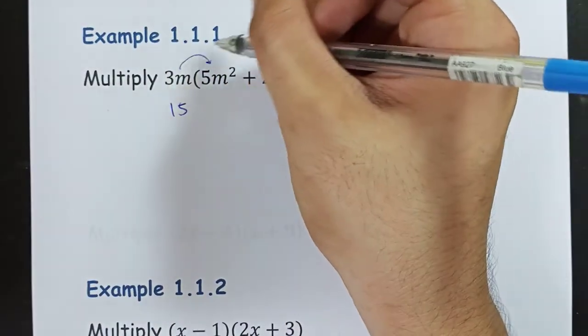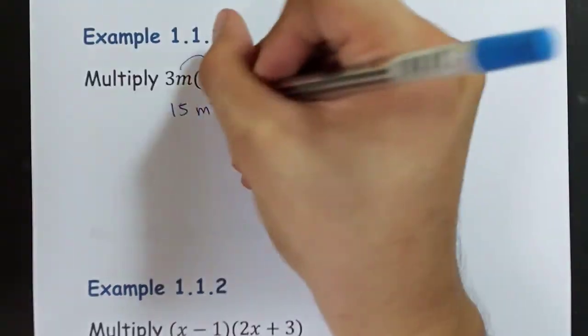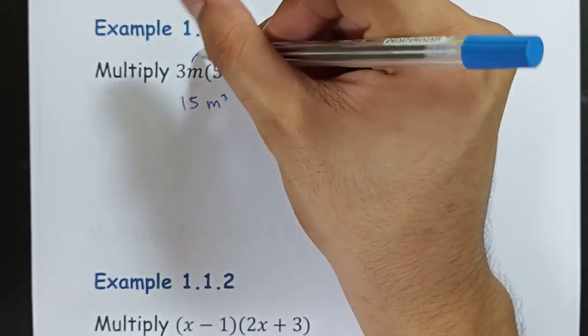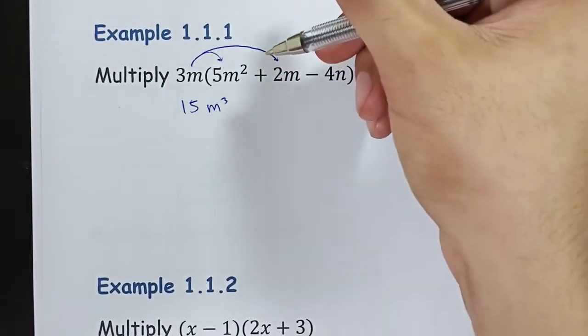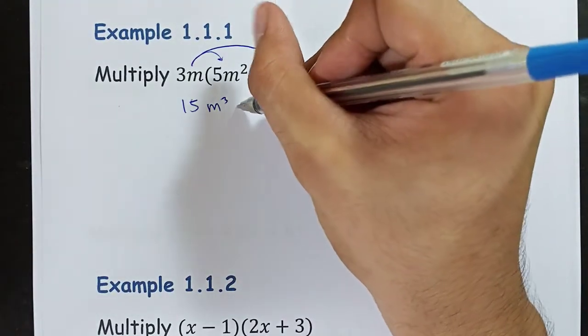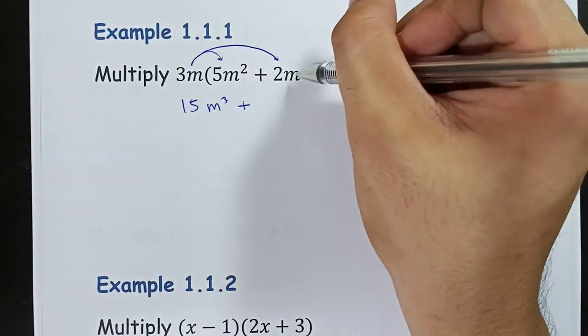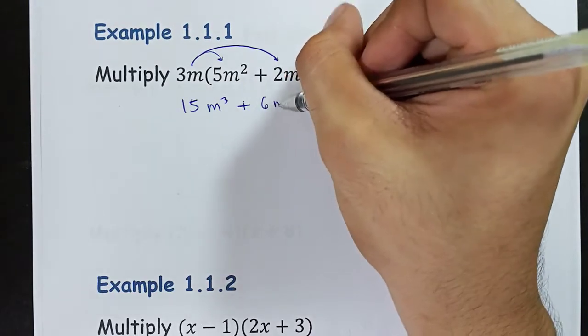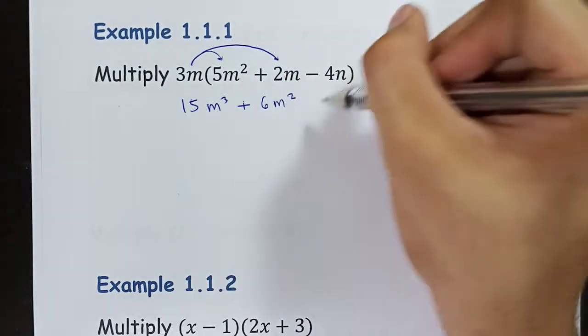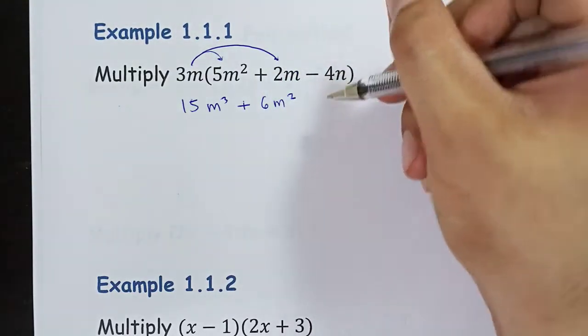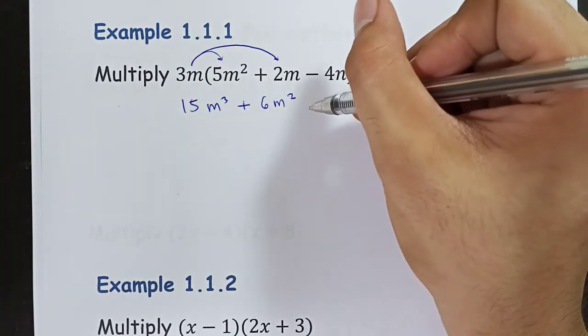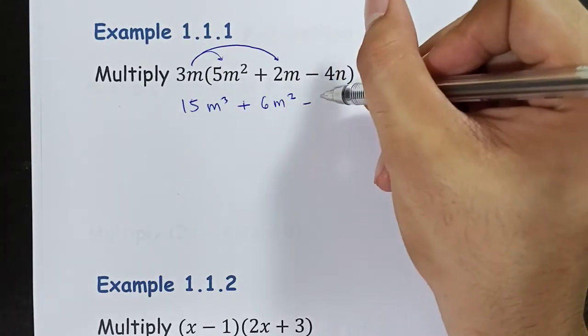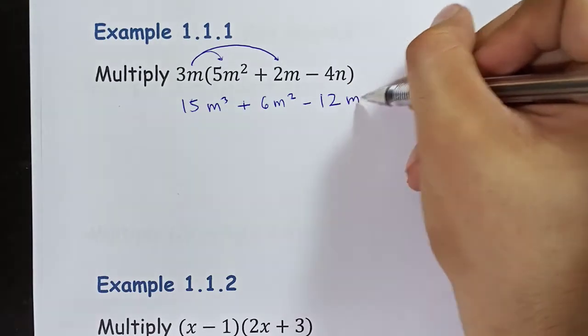Then, m times m squared is m cubed. Second, 3m times 2m. So, 3 times 2 is 6. Copy the sign, addition. 6m squared. Then, 3m times negative 4n is 4, 8, 12 minus 12mn.